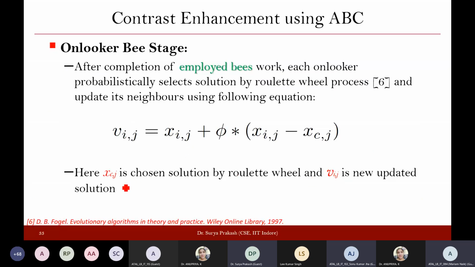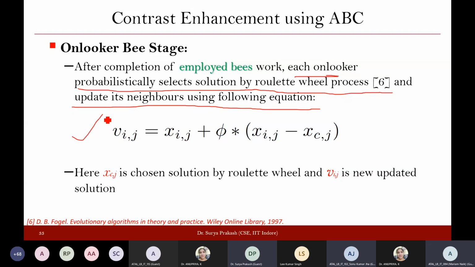After completion of the employed bees, each onlooker bee probabilistically selects solutions by the roulette wheel process, and updates using the following equation. So again, some kind of updating is happening here.